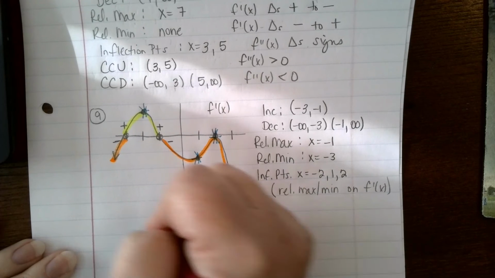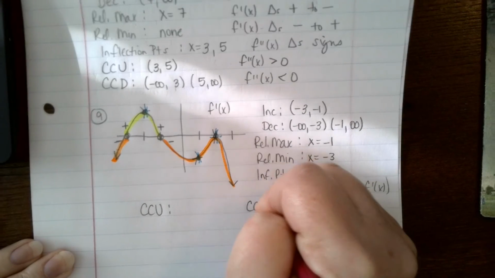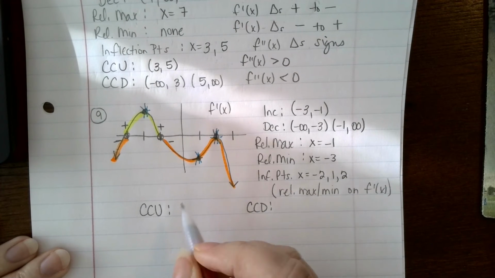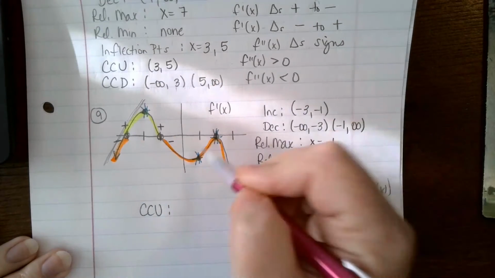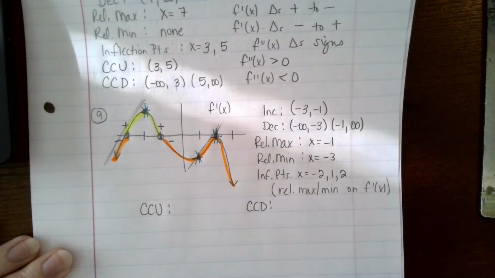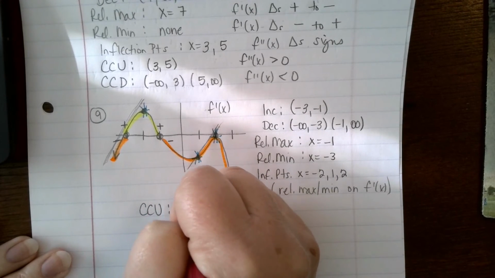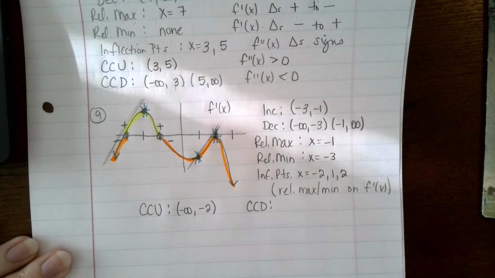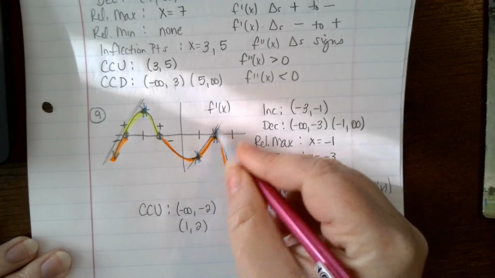Okay, so concave up and concave down. Concave up is going to be where you have positive tangent lines, and positive tangent lines are going to be where your derivative is increasing. So we're going to go from -infinity to our inflection point, which is -2, and then we're going to go from 1 to 2 right here.